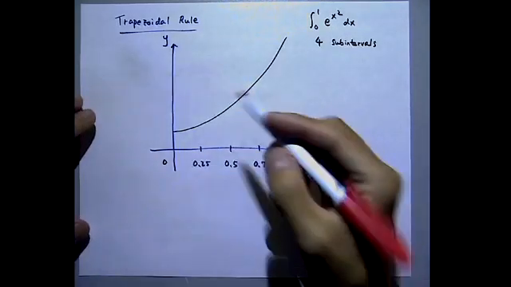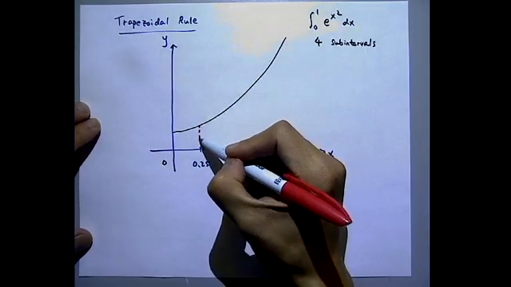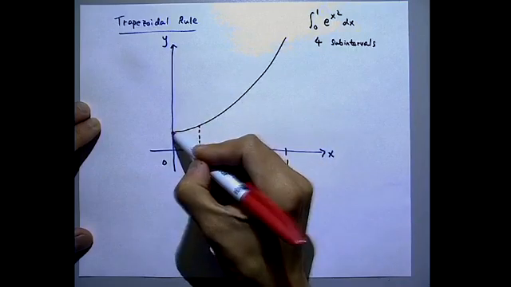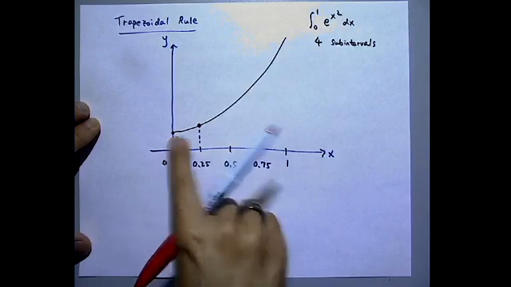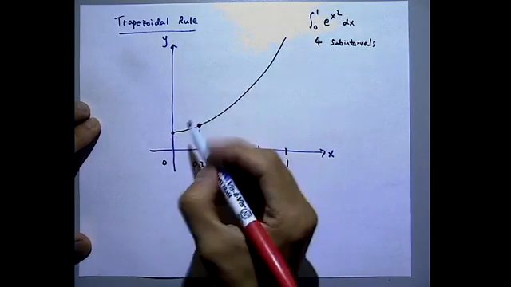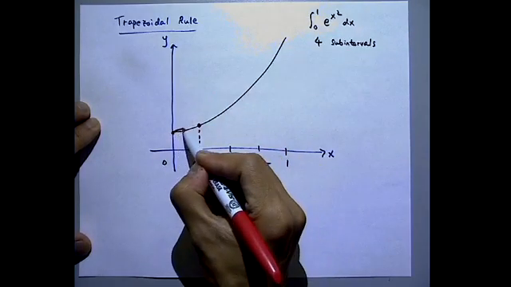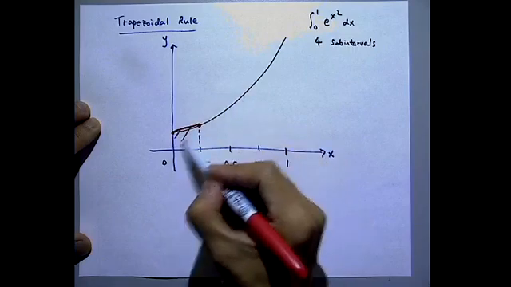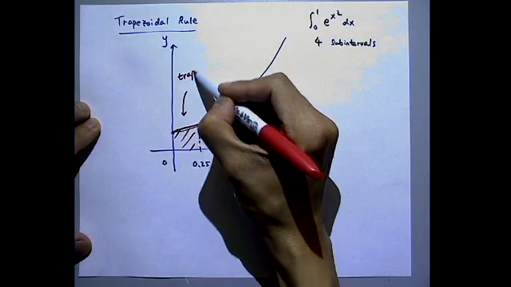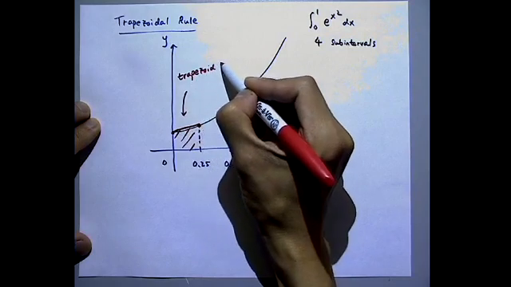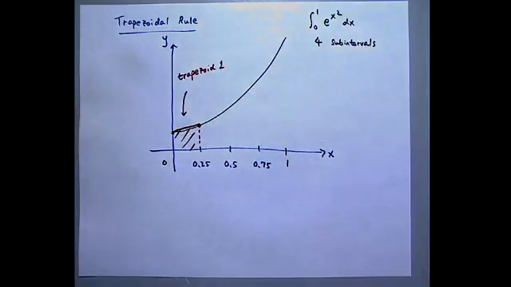So in the first one here, you look at the point at the beginning of the subinterval and the end, and you draw a straight line there. And that's the first approximation we're going to make.